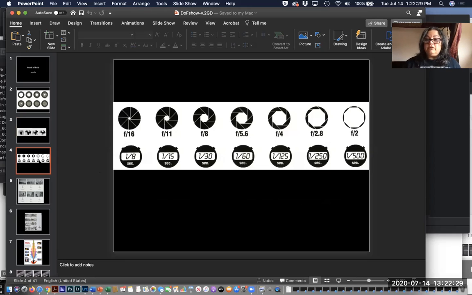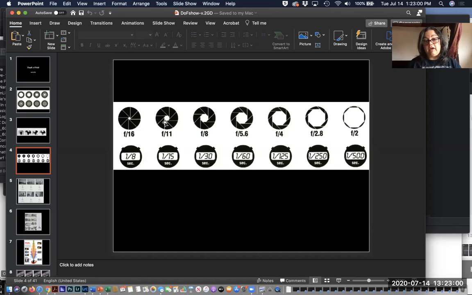Equivalent exposures, so these are examples. They are different combinations of numbers than the ones I used in my example. So again, these are just possibilities that you might get in different lighting situations with different ISO ratings. But the general rule is the same. If we look at the left, there's a small aperture, f16, with a slow shutter speed, 1/8 of a second.